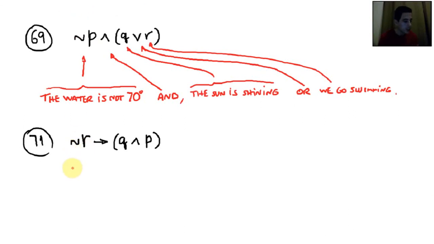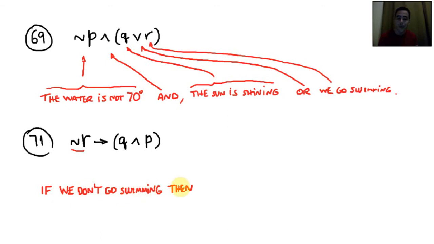Negation R is the opposite of we go swimming, so we say we don't go swimming. That's this one here. And here is a conditional, so we put the word then, and we need to put the word if here.